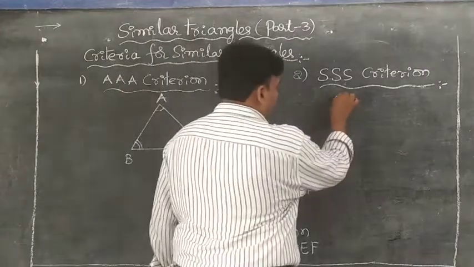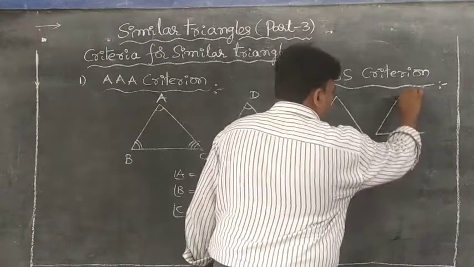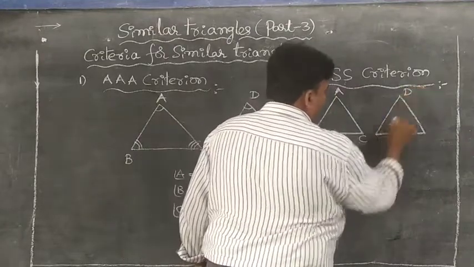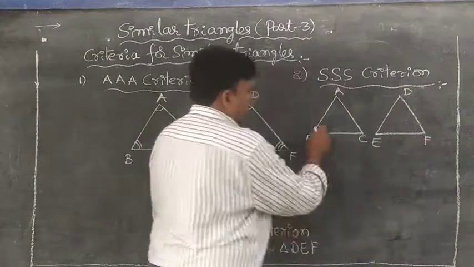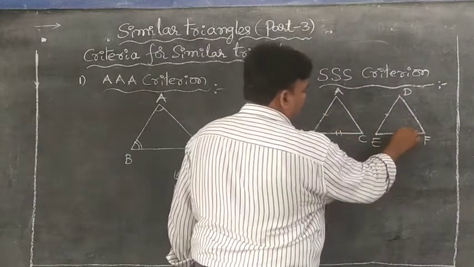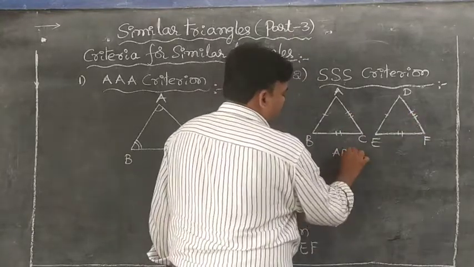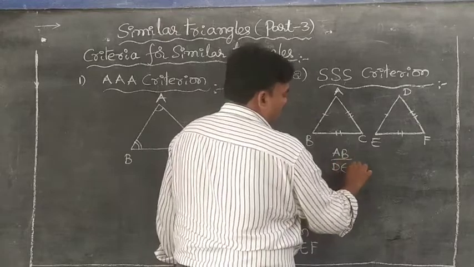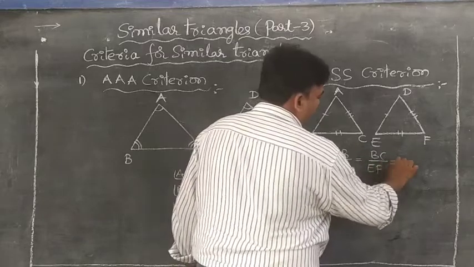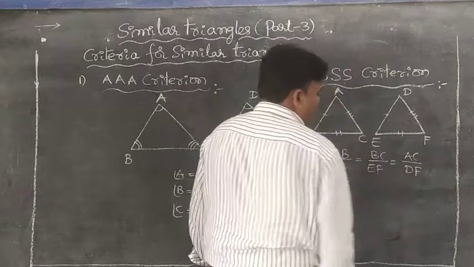Same procedure, I take two triangles ABC and also DEF. Here I have taken sides AB, DE, BC, EF, AC, DF. That means AB by DE equals BC by EF equals AC by DF.